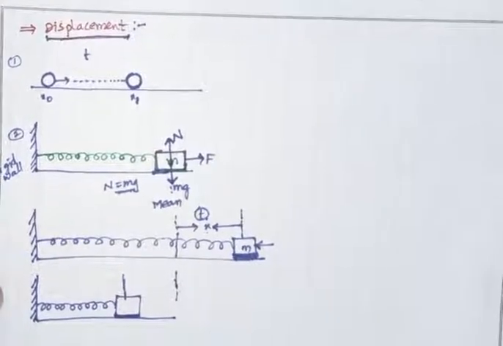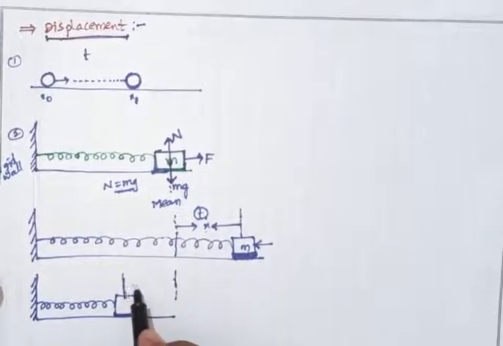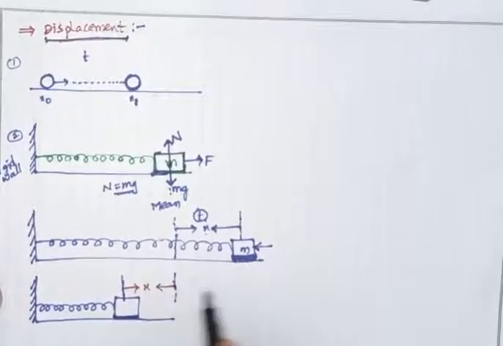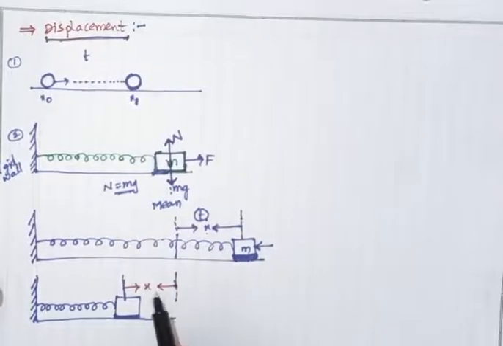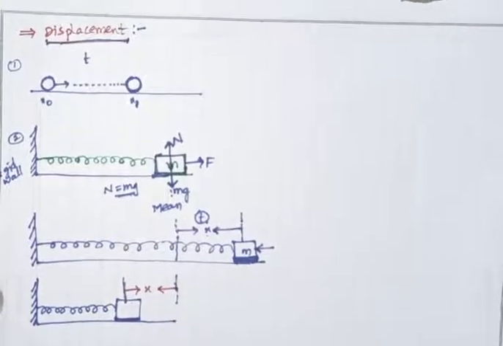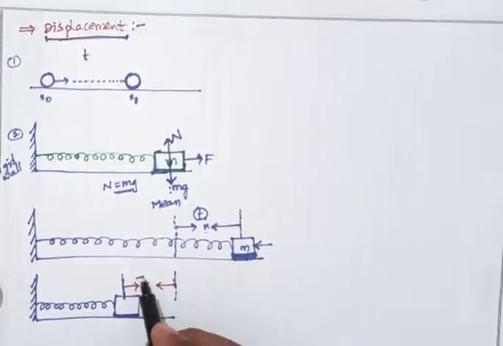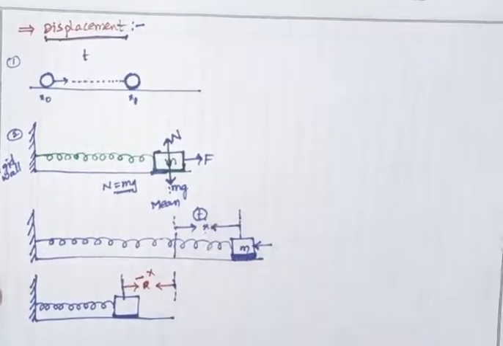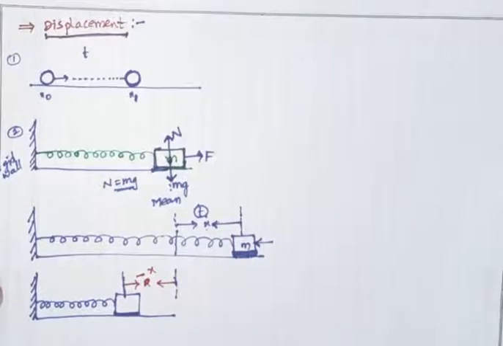From the mean position to the ending position, we also take the displacement. x is the displacement in the positive direction, and x is also the displacement in the negative direction, negative x. So the displacement can be either negative or positive.